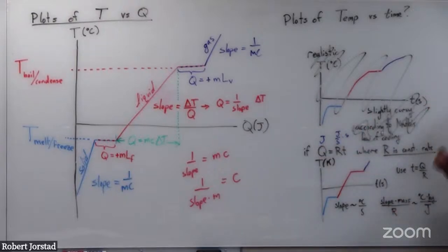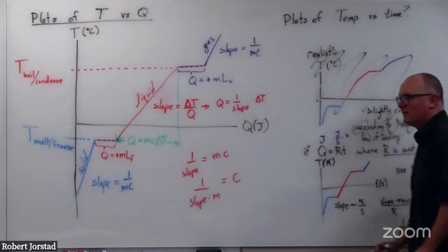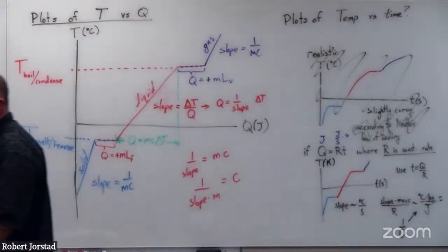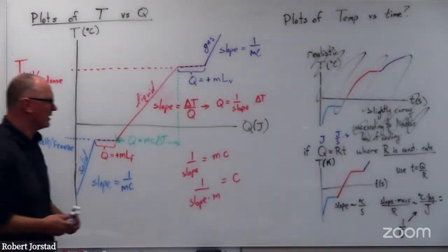So the slope in this case would be degrees Celsius over seconds. But now if you take slope times the mass divided by R, you get this, which is not going to fit on the page. 1 over C. Let me make sure that's all on there. Yeah, okay.